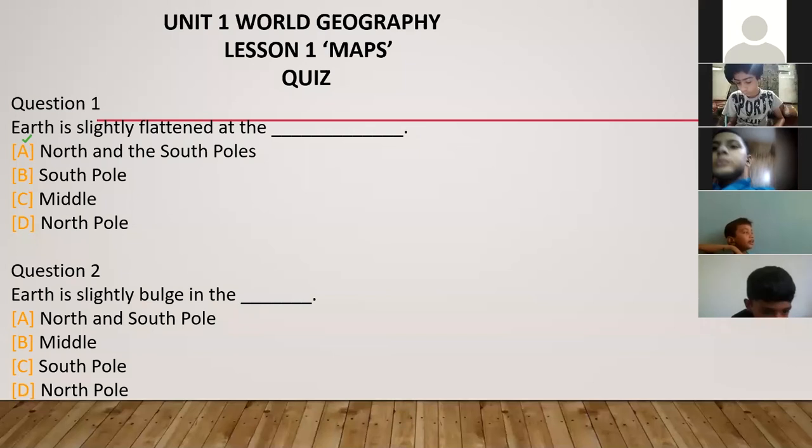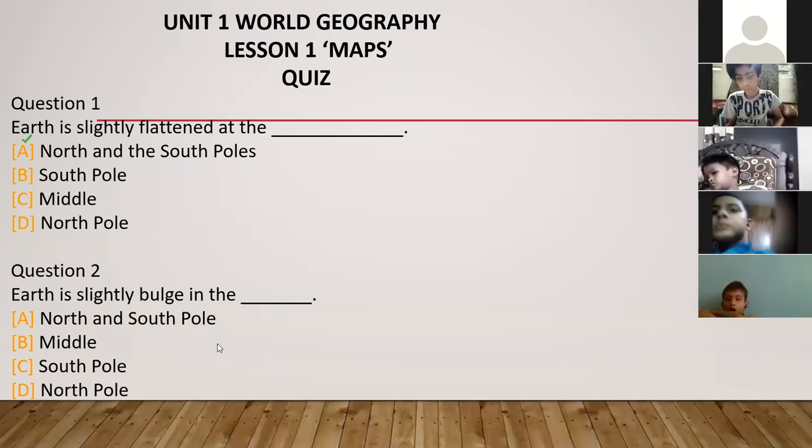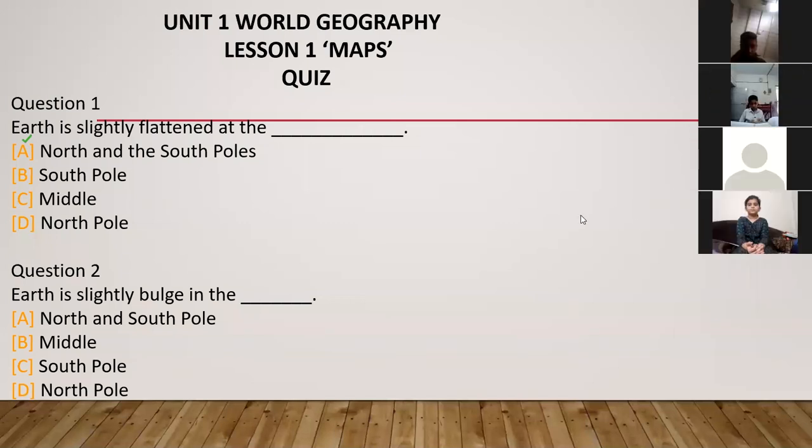North and South Pole. Beta, Earth is slightly bulged in the what? Okay, kindly mute your mic. Abdullah Osman, tell. Earth is slightly bulged in the dash we just discussed. We saw a picture as well.